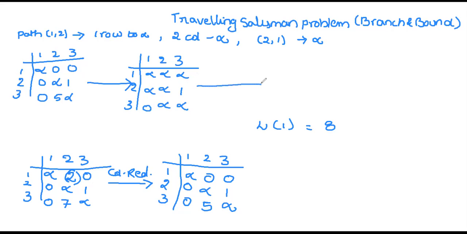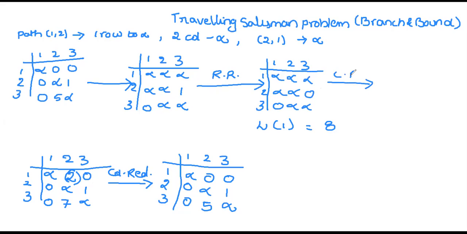Then the same process we are going to apply: row reduction here. After applying row reduction, this is the matrix, 1, 2, 3. Here there is no minimum value, and in this row the minimum value is 1. That's why 1 minus 1 is equal to 0. Here 0 is the minimum value.